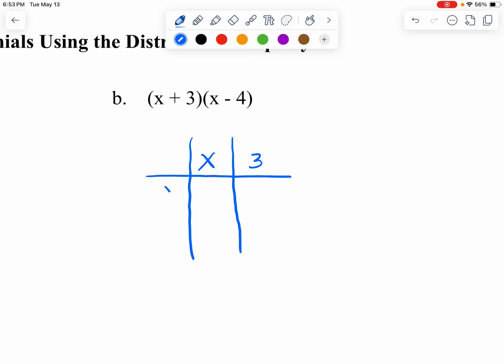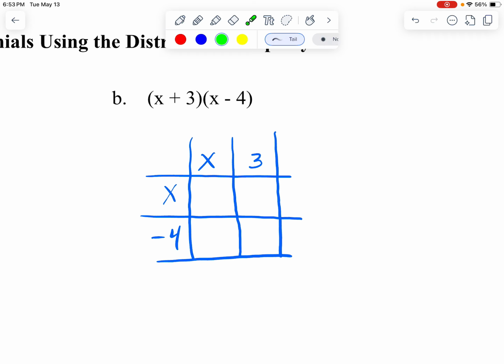And I've got x and negative 4 as my other set. What I'm going to do is I'm just going to finish up this box. And I know that this box now is going to contain my x times x. This box is going to be my x times negative 4, and so on and so forth. So by the end, we will have done each of these. And this is just a nice way to organize it.